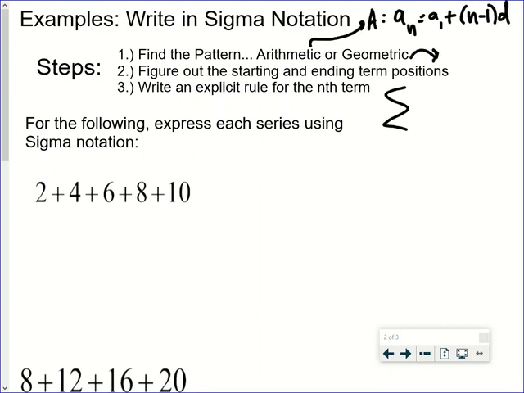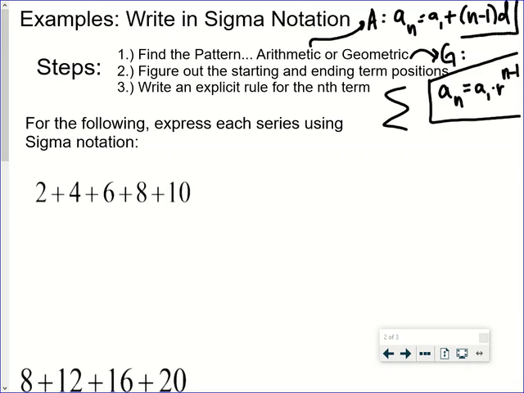And then for geometric, it is a sub n equals a1 times r to the n minus 1. So these two formulas you have to know in order to figure out your sigma notation. Depending on which kind of series or sequence you have, you will use one or the other to start the process.